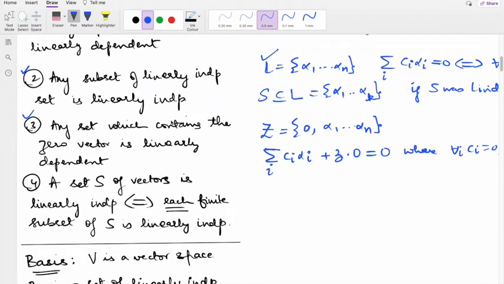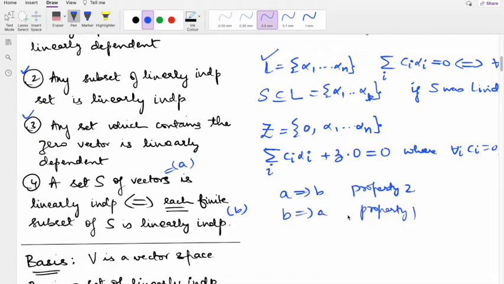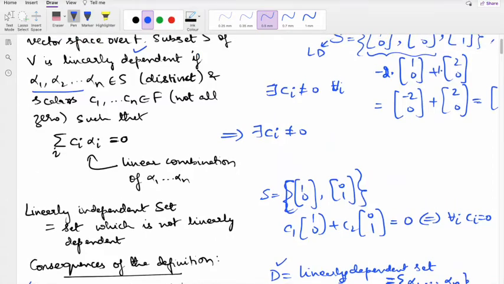Let's call this part of the statement A and this part B. A implies B because of property 2, because if a set is independent, any subset of it has to be linearly independent. So A implies B from property 2, and B implies A from the negation of property 1 in some sense. Okay, so that's the idea about linear independence and dependence.